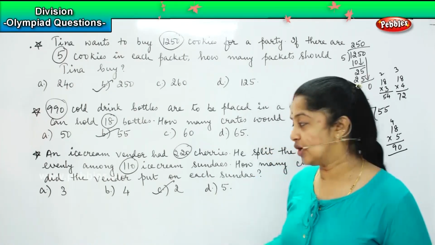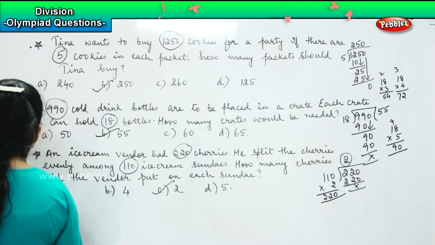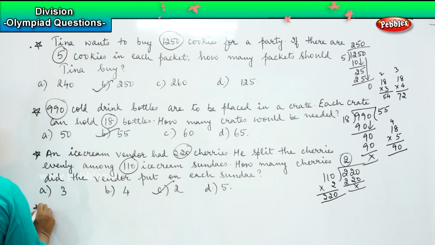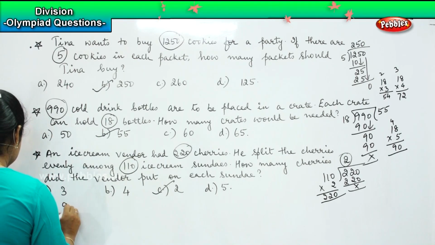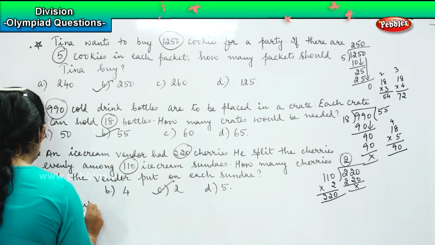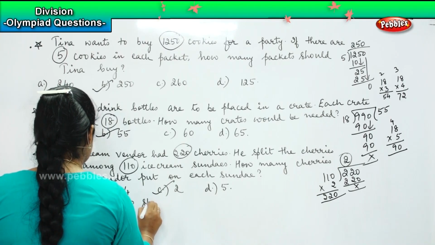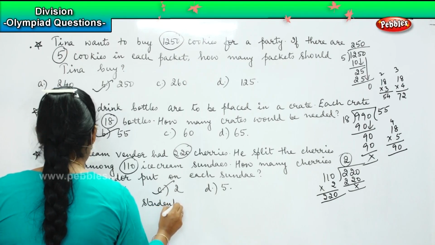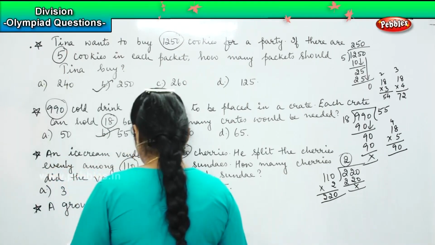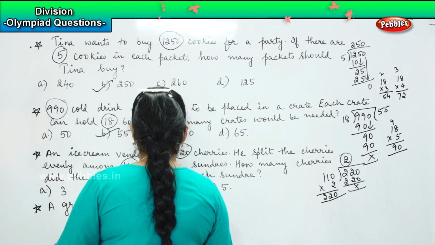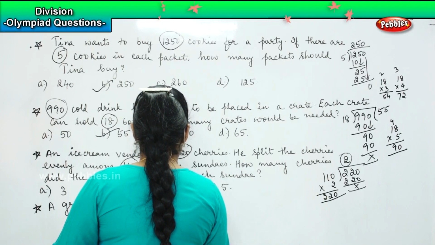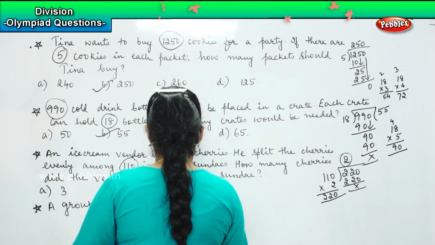Okay. So here is your next question. The question says, a group of 1500 students went for a roller coaster.